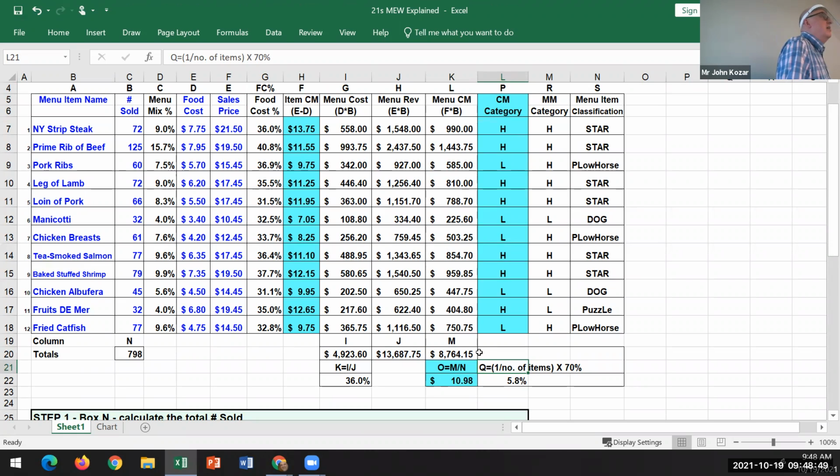If we just did 1 divided by 12, that would give us the exact average of 12 menu items, what the sales mix should be. That makes sense?